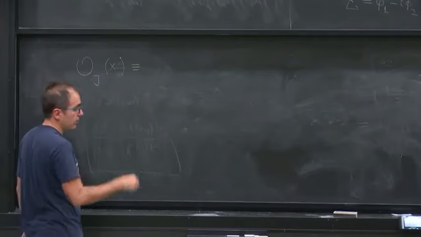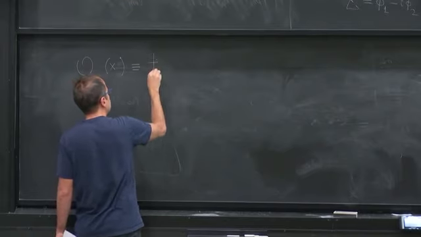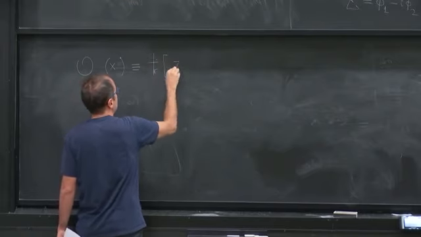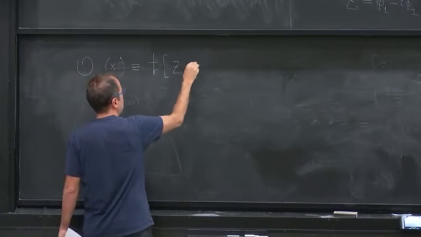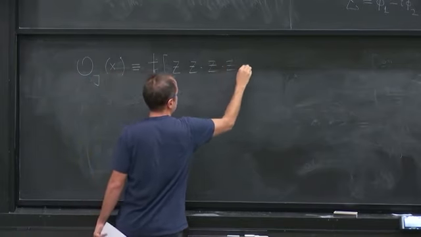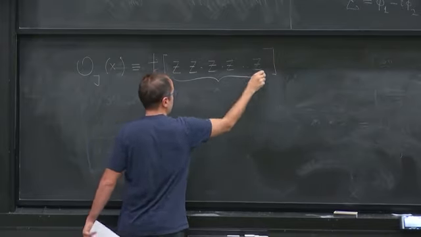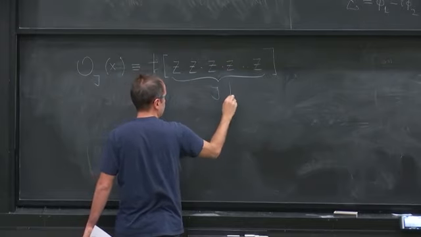Let me define this operator as saying that I have trace of z times z times z times z, etc., times z, where I multiply this guy j times.